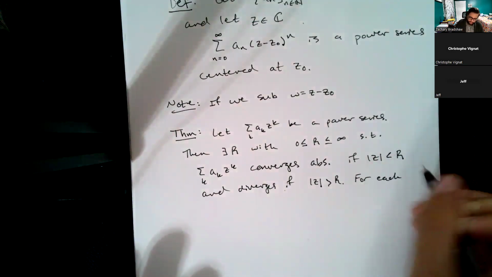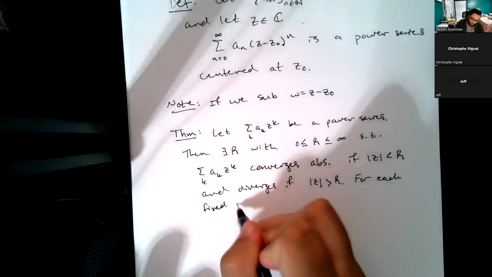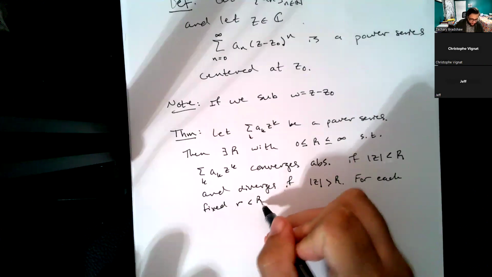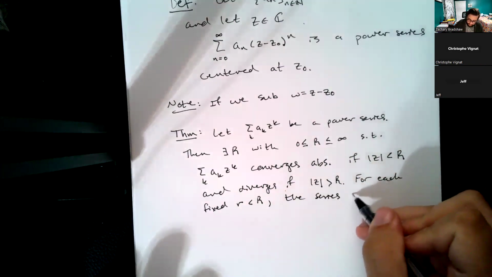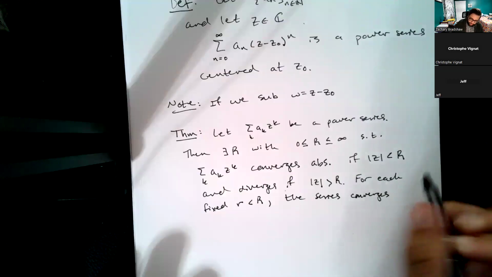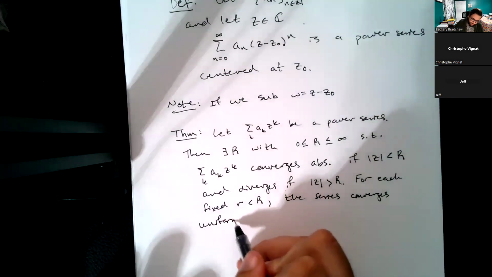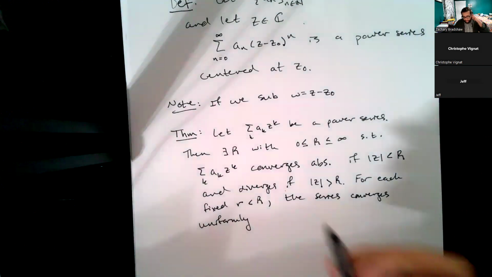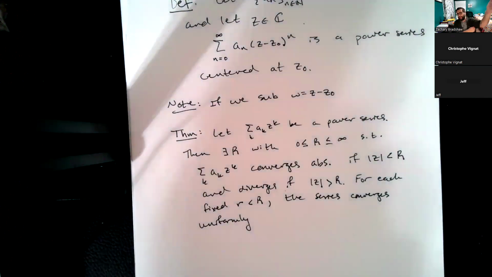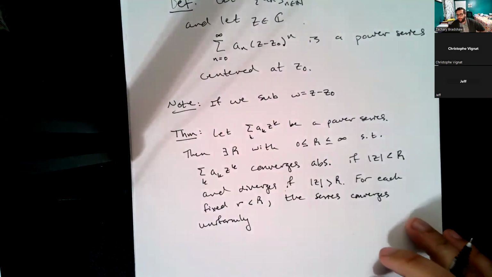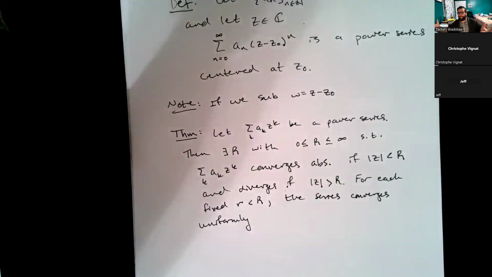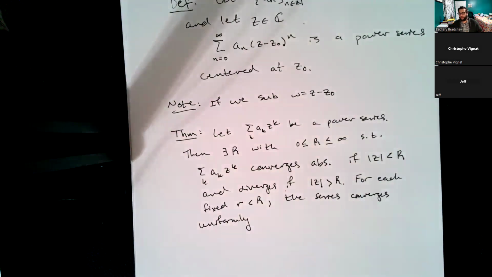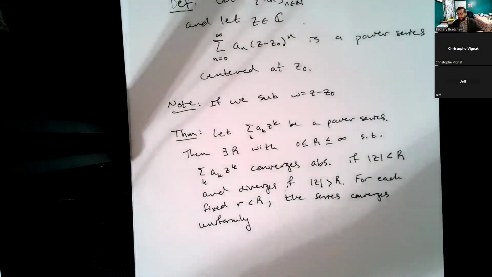For each fixed r less than capital R, the series converges uniformly. If you don't know what converging uniformly means, I'm not going to get into it, but just know that it's like the ultimate form of convergence that you would want. Limits of things that converge uniformly often share the property of the sequence.